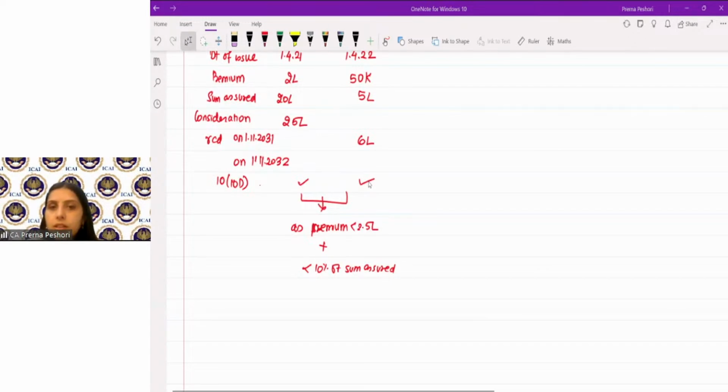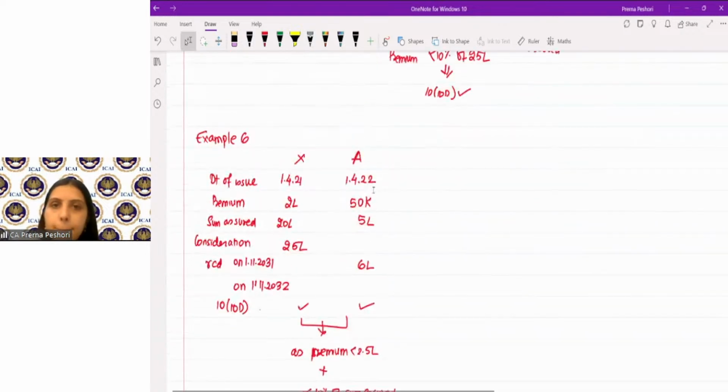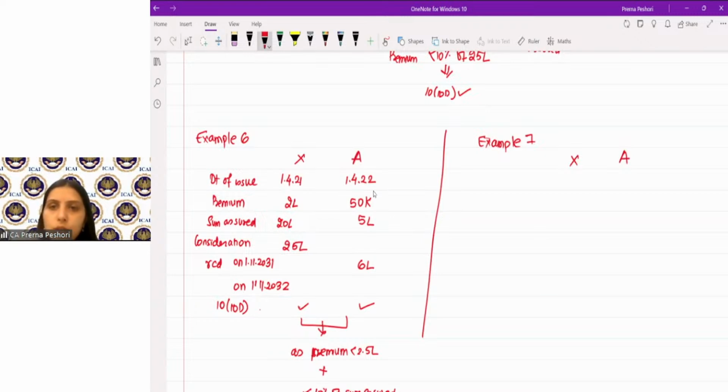Example number 7. Let's say again I have two policies, X and A. Date of issue is 1/4/21 and 1/4/22.